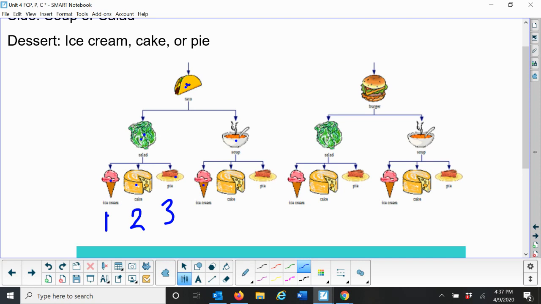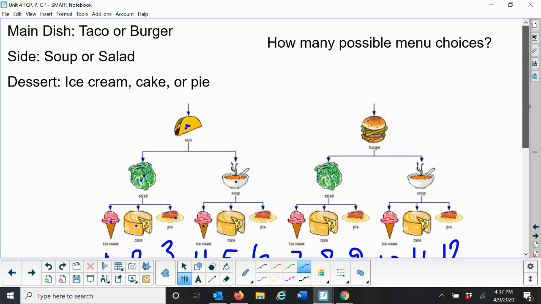Taco, soup, and ice cream is a fourth choice. Taco, soup, and cake would be fifth. And then taco, soup, and pie would be my sixth choice. But I can also jump over here to what if I started with the hamburger? And I end up with 7, 8, 9, 10, 11, 12 different menu options to pick from, with different combinations of my menu choices.